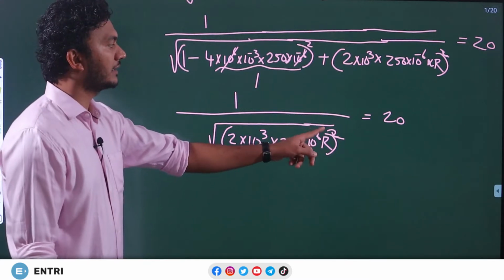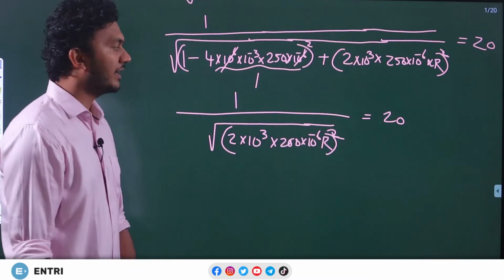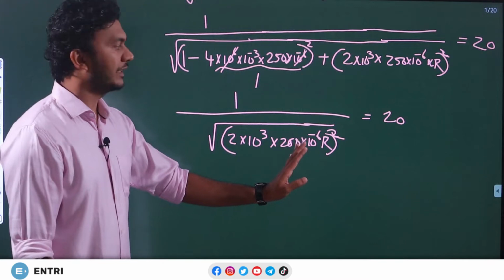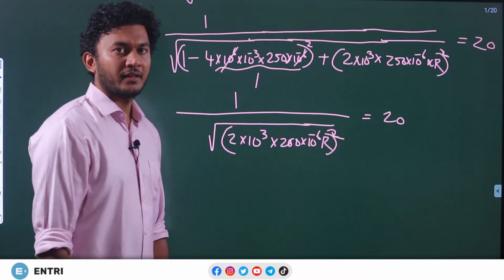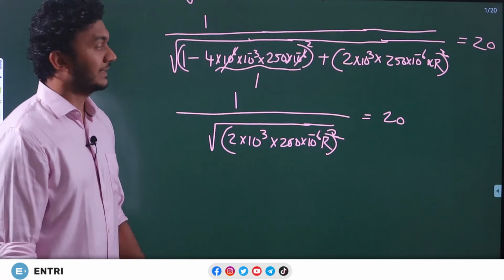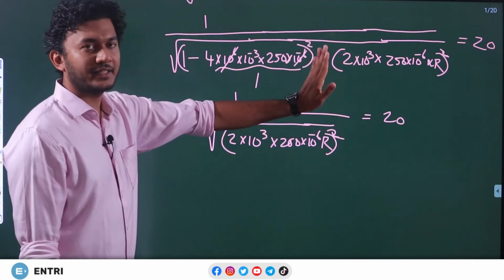So, this square and this square root will vanish, and you can find out the value of R. I do not know the value of R, they will give a range and you will get the answer. These calculations are direct.